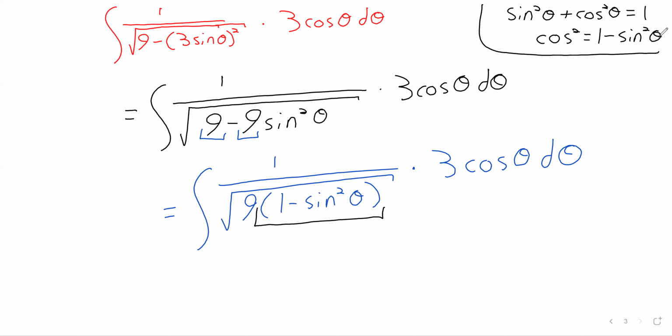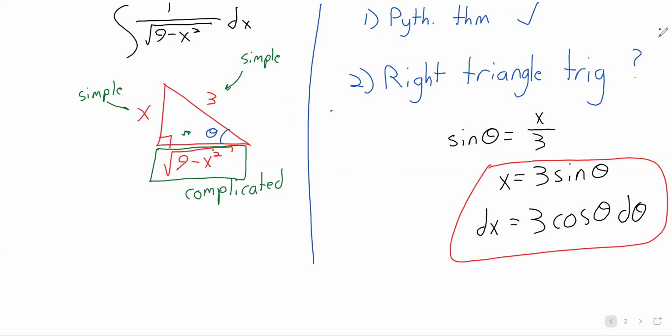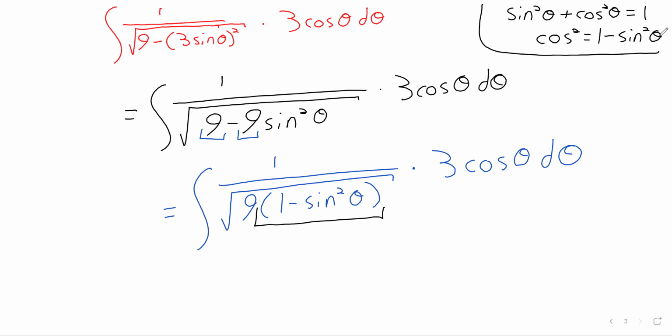Anytime we do a substitution that involves a sine, we'll always get a square root that looks something like this. We'll always use the Pythagorean identity. We'll always wind up with a cosine squared under a square root.